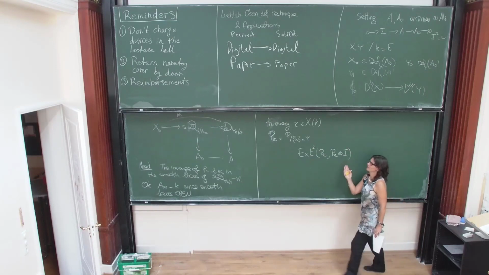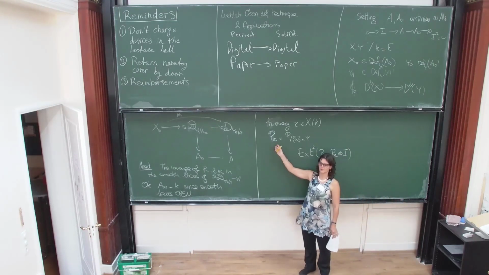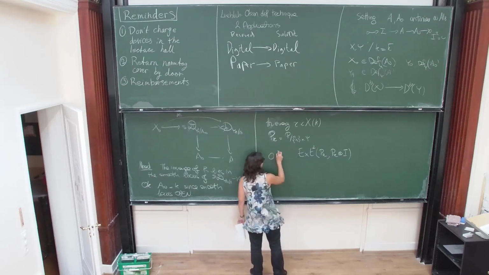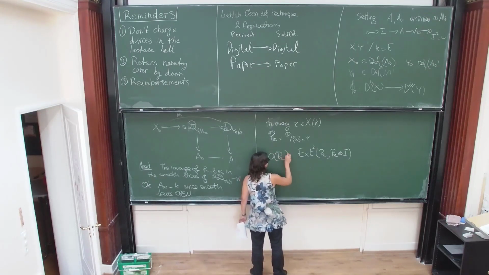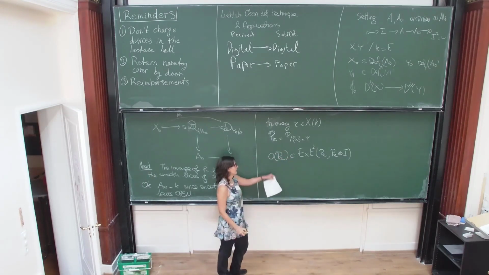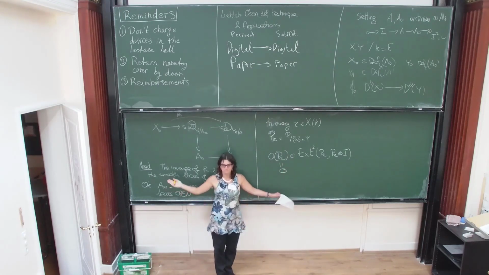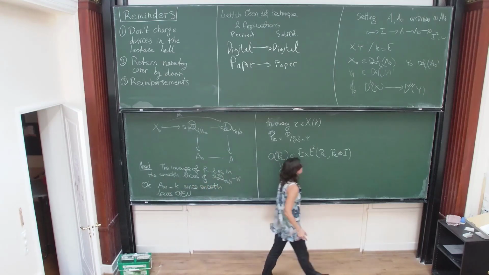Well, this space is the obstruction space for this moduli problem. So in here we have an element and we want this to be 0. So again, deformation theory.